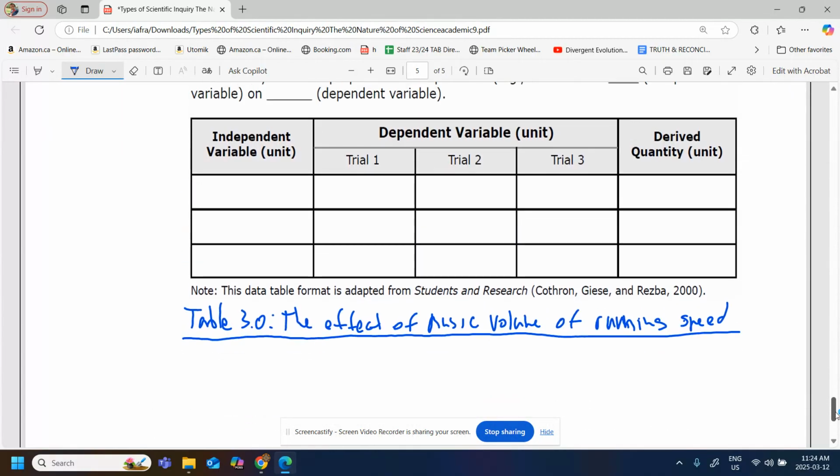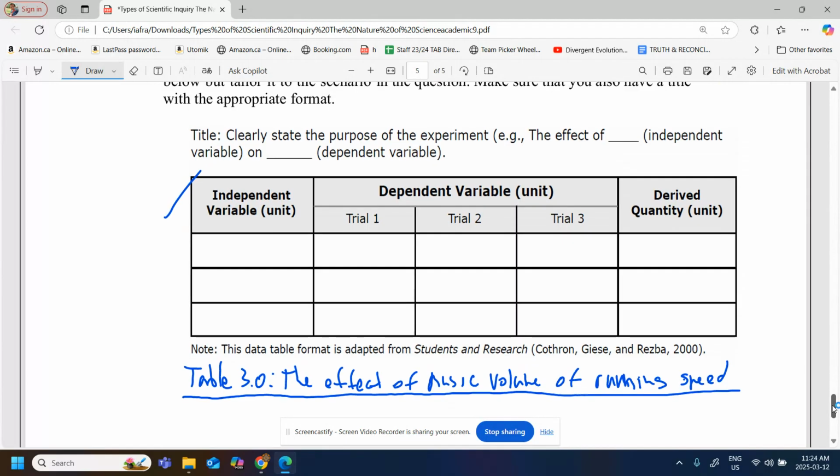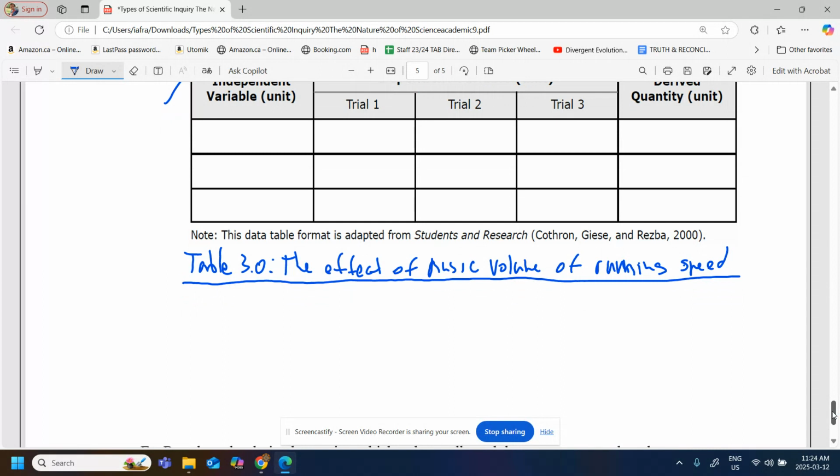And we're going to base the table off of this table here. Our column 1 will be our independent variable. So that'll be the volume of music, and that's in units of 1, 2, or 3, with 3 being the highest.